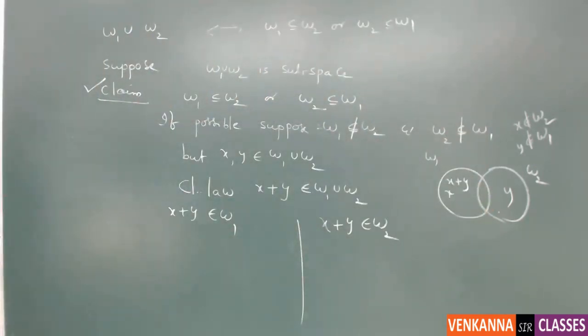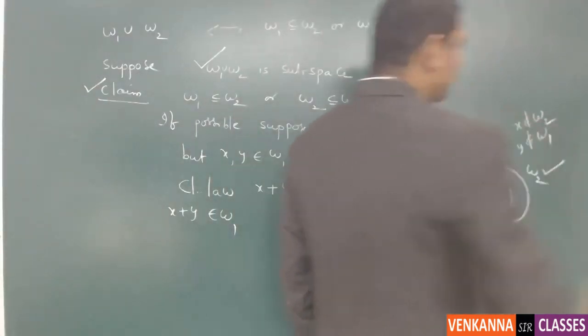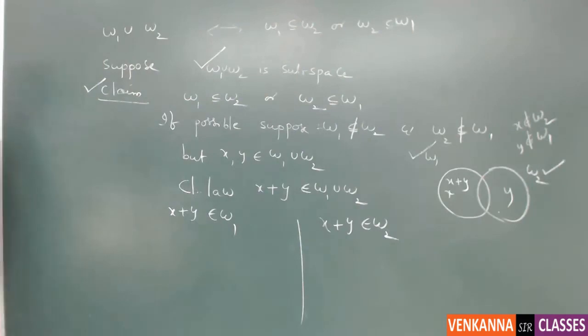Now I have two values in W1, X and X plus Y. Please understand, whenever you take a subspace, it always satisfies the necessary and sufficient condition. So since I am taking that W1 union W2 is a subspace, W1 is a subspace, W2 is a subspace, all these sets will satisfy the condition a alpha plus b beta belongs to that set.